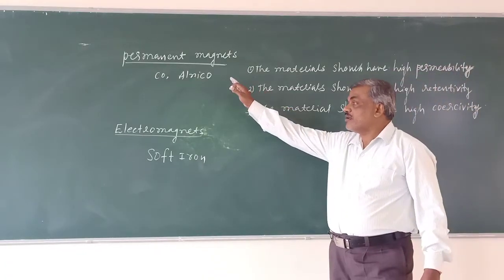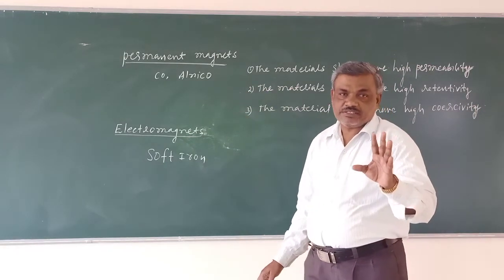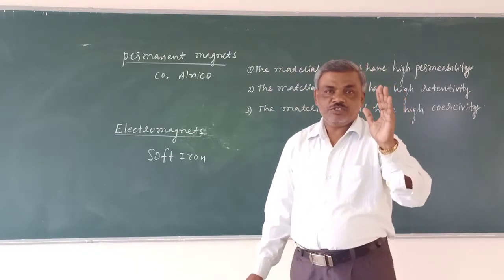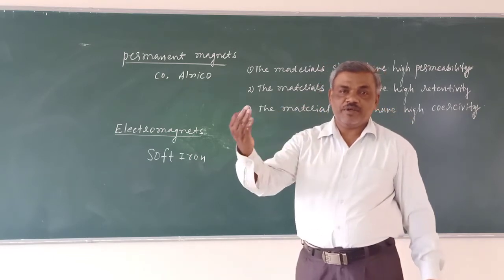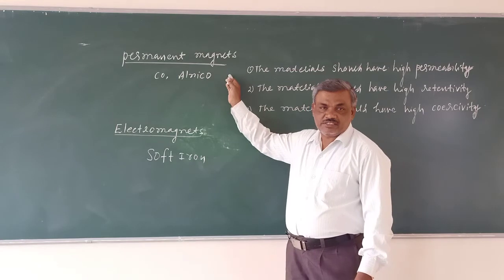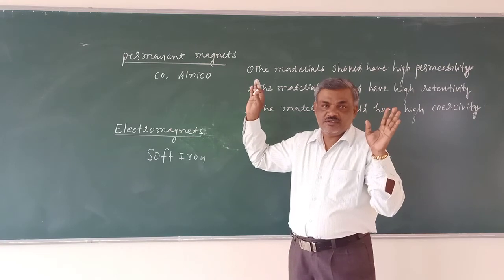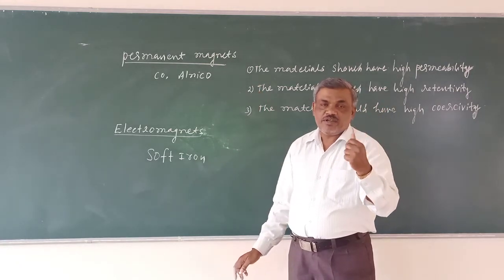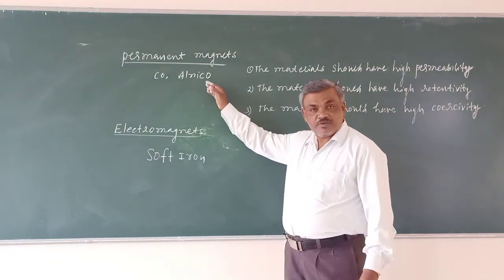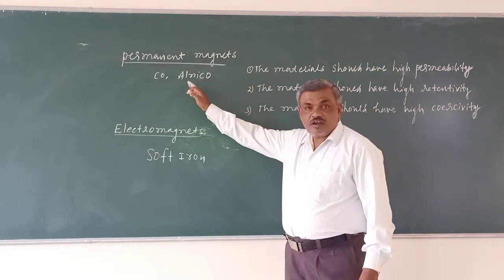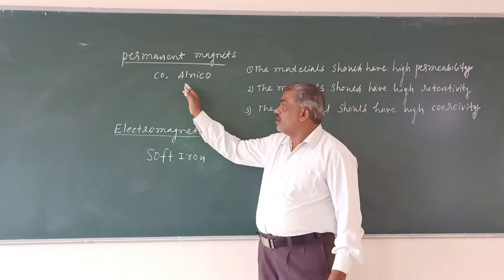Now we have permanent magnets and electromagnets. What are permanent magnets? The material which exhibits the properties of magnetic materials, such as magnetic permeability and magnetic susceptibility, for a long time period is called a permanent magnet. Examples: cobalt, aluminum.